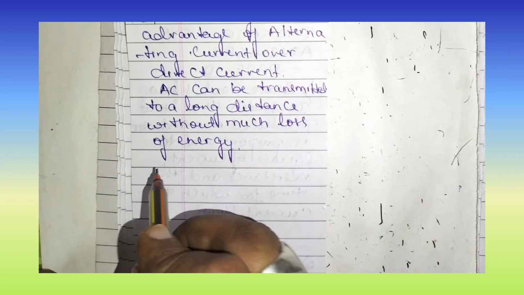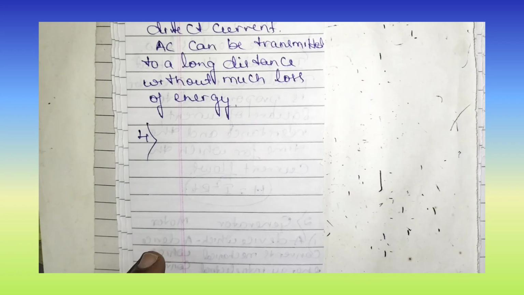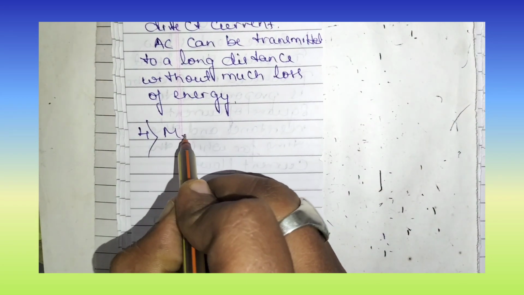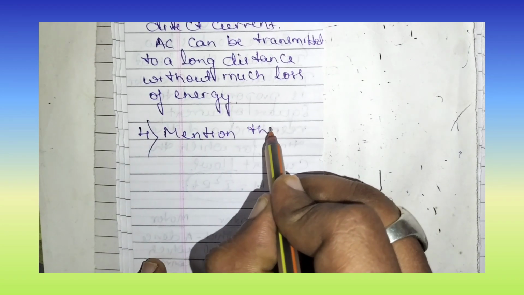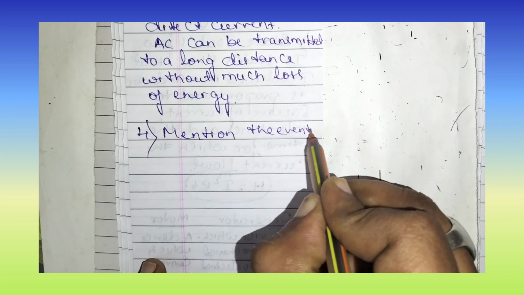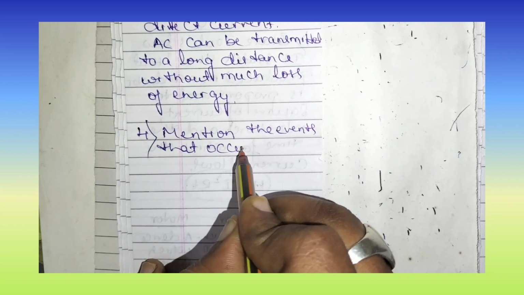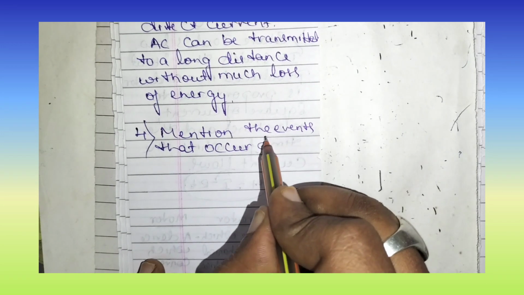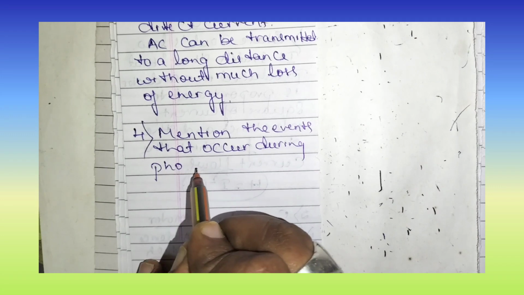This much we have to write. Next, let us move to the fourth question: mention the events that occur during photosynthesis.